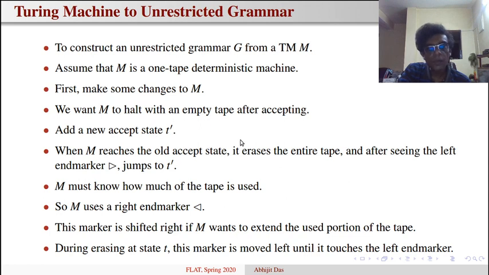It is empty otherwise, except that it has a left end marker followed by the right end marker. This is what I meant by the empty tape. Good. So we assume that M has this property. It clears or cleans its tape after accepting, and then goes to the new accept state T prime.